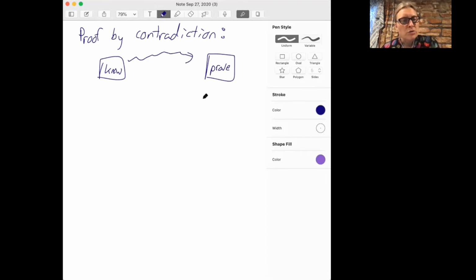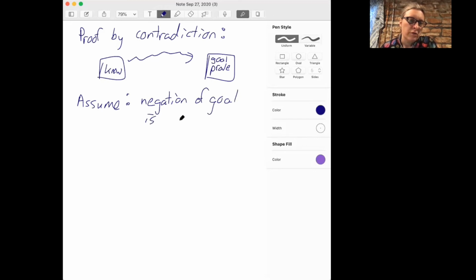So this is our goal. We're going to assume the negation of our goal. So we're going to assume the opposite, that the negation of our goal is true. And then we're going to deduce things logically in order to show that we get to some kind of completely bogus conclusion.